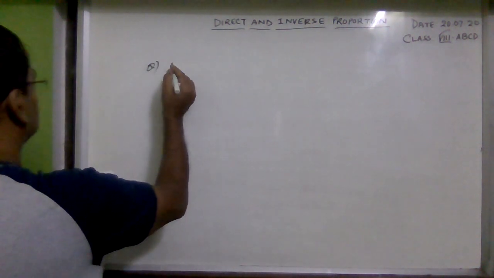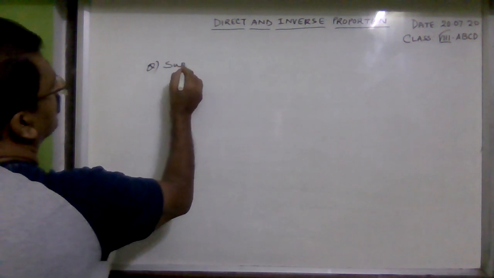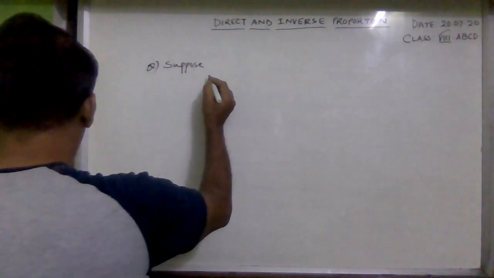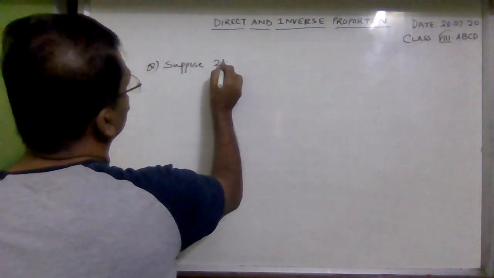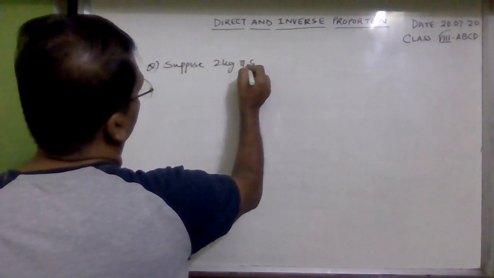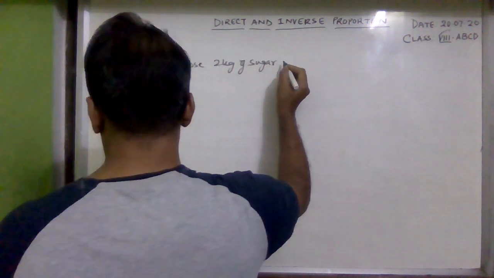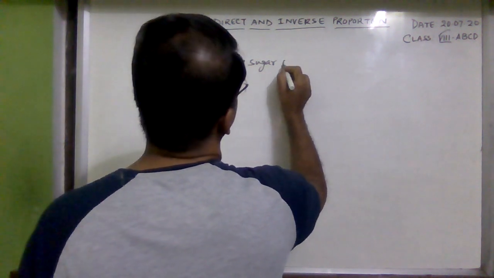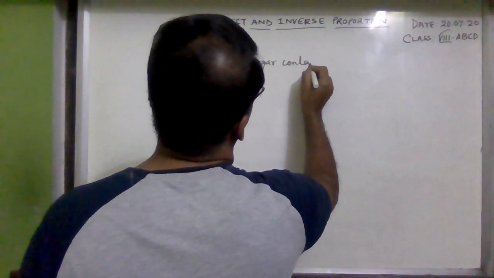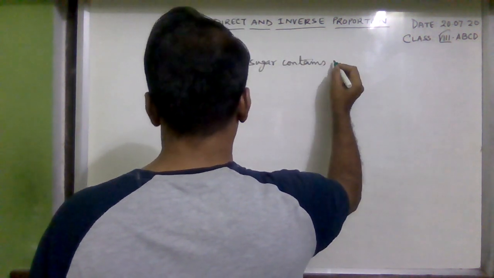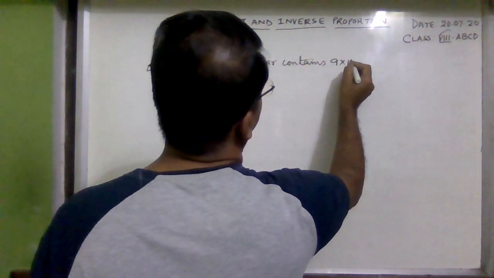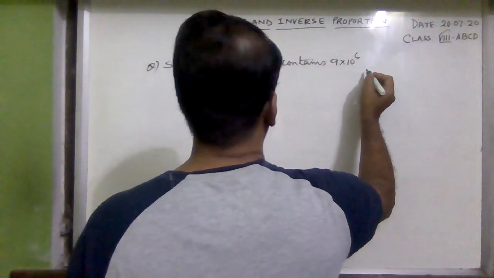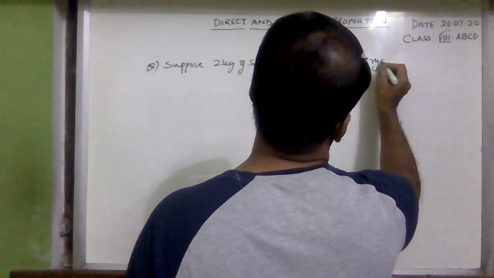Next question is, suppose 2 kg of sugar contains 9 into 10 to the power 6 crystals.